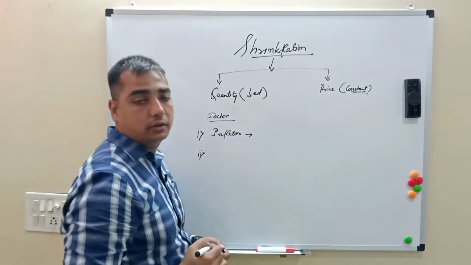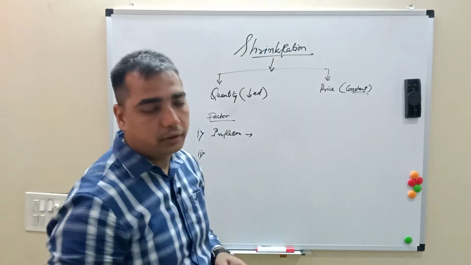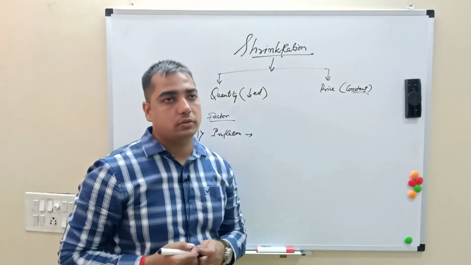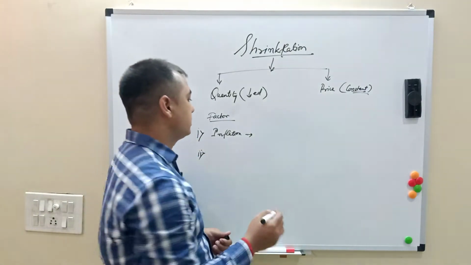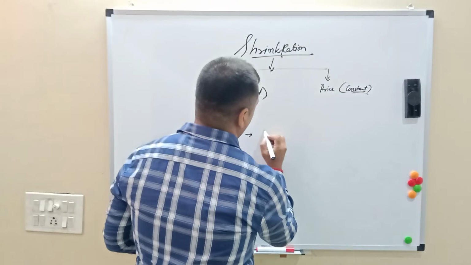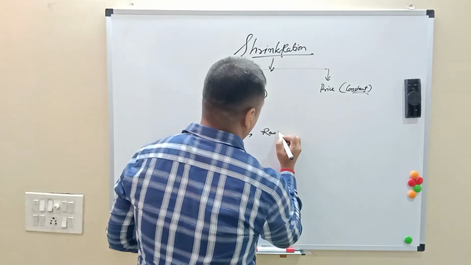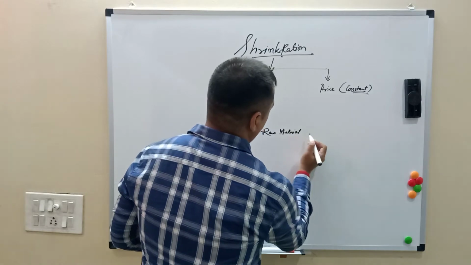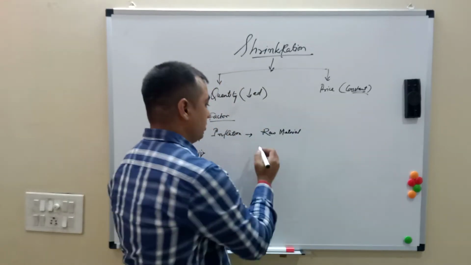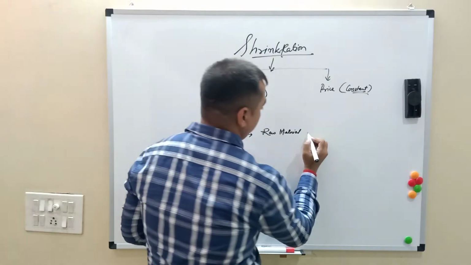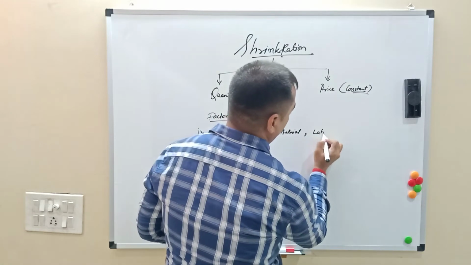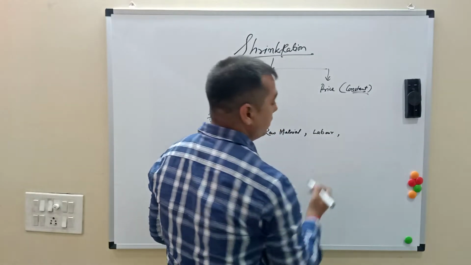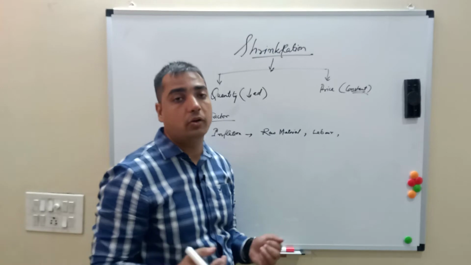Now why inflation? A final product consists of many things. It consists of raw material, another is labor, third is machinery, equipment and their cost also.